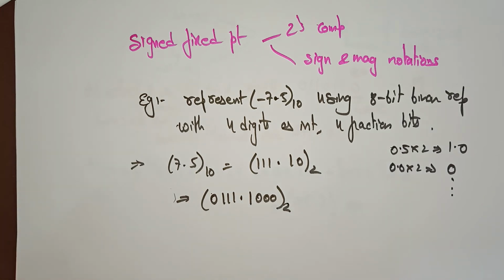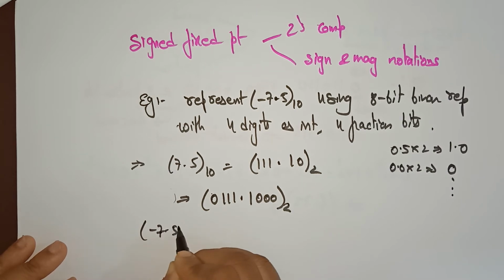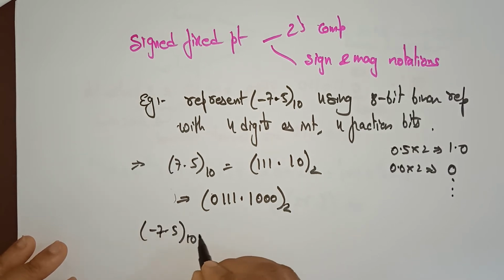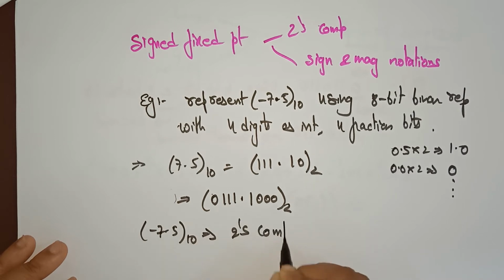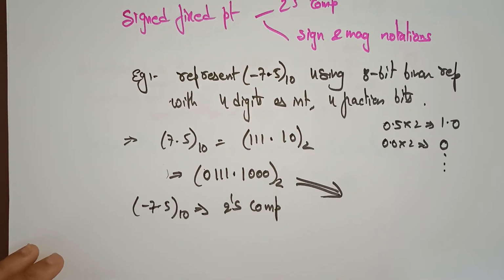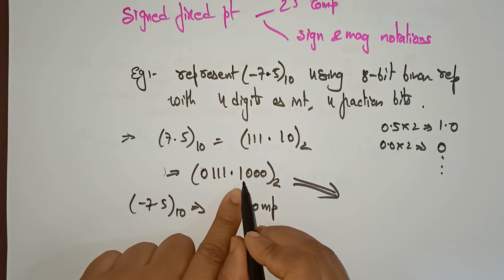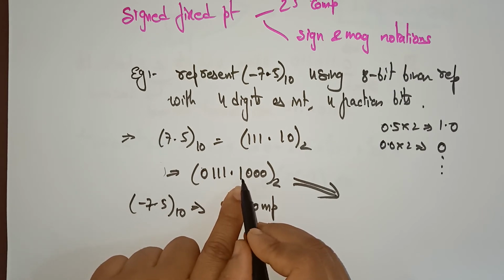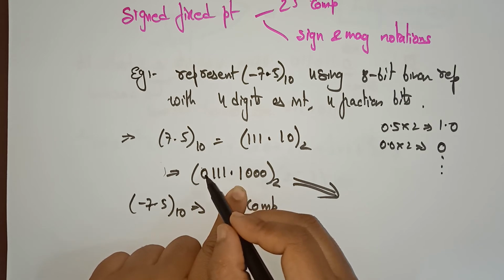But you have to find the negative value, the signed value, minus 7.5. What do you have to do? You have to take the 2's complement of the value you obtained. How are you going to perform the 2's complement? From the LSB, after the first 1, all the bits have to be complemented.